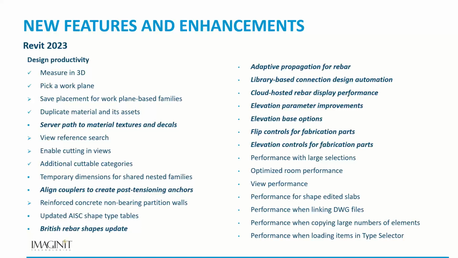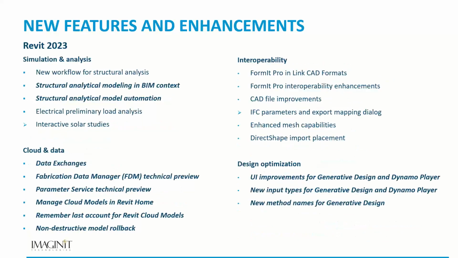Well, they've also updated all the British rebar shapes. We can align couplers to create post-tensioning anchors, once again for structural fabrication. We can flip controls for fabricated parts, elevation controls for fabricated parts as well. We can server paths for material textures and details. So there's a lot of things in here.